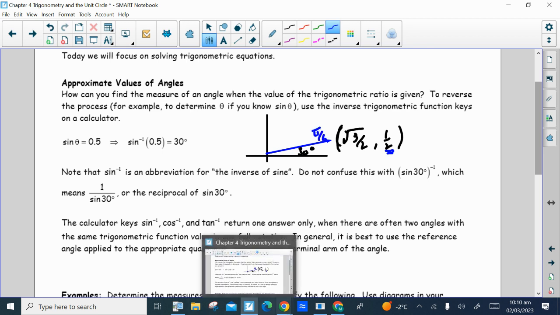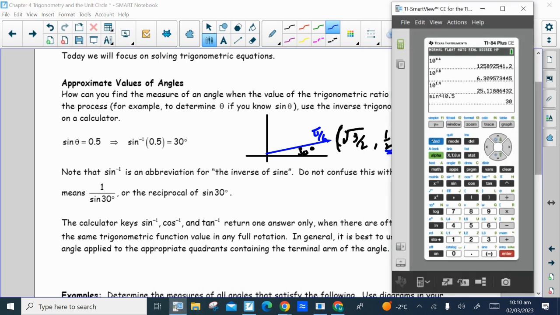So if you use your calculator and you change it into radian mode, and now if you go second function sine of 0.5, you get that irrational number, which is equivalent to pi on 6.